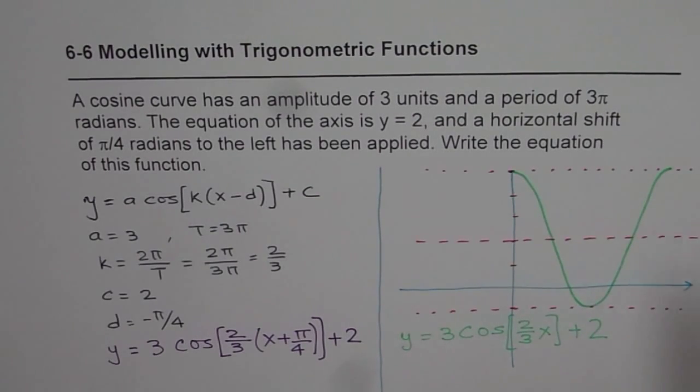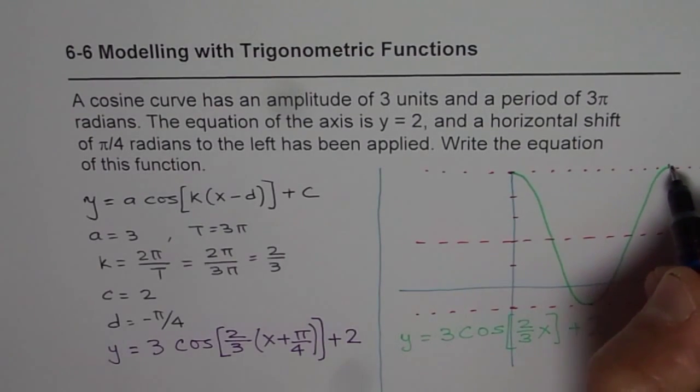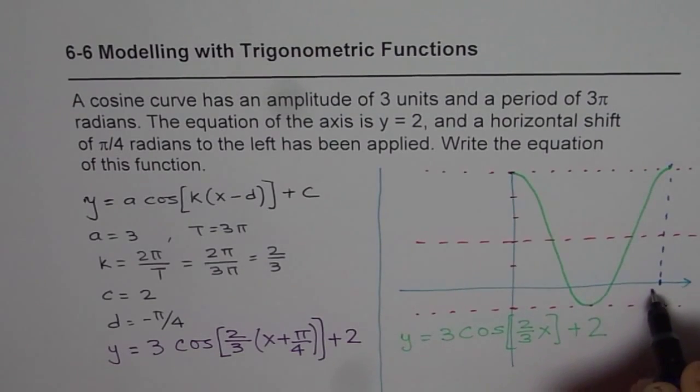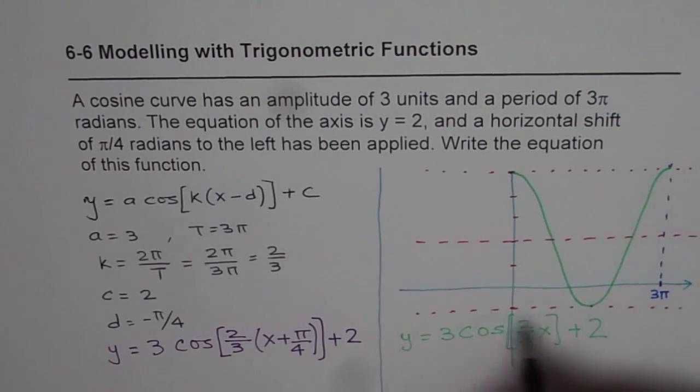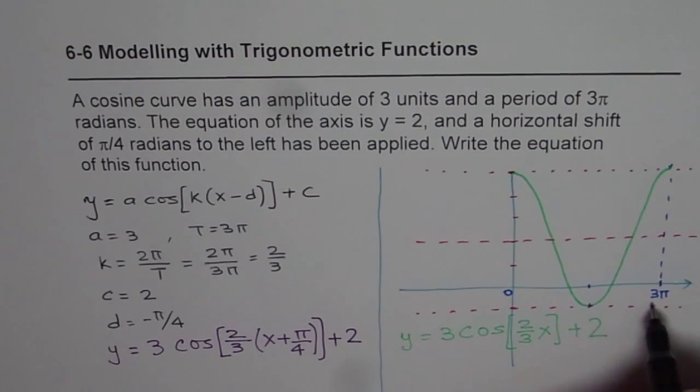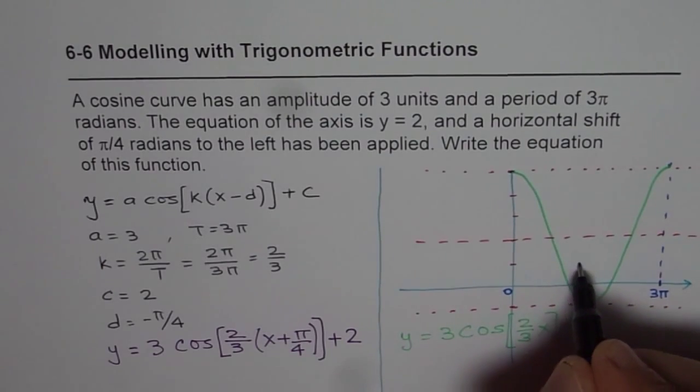Now, what we know is that the period is 3 pi. That is to say that it should end at 3 pi. So this point is 3 pi, and this is 0 for us. Midway is the minimum, so that midway should be 3 pi by 2.